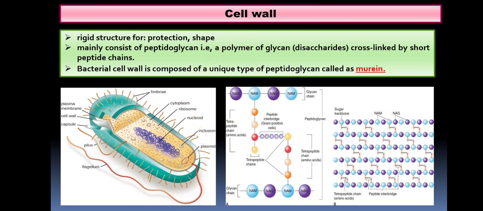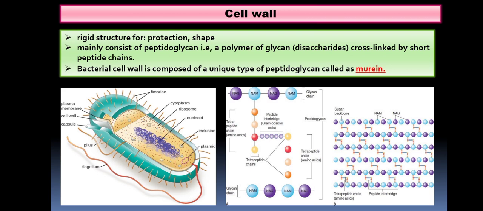It is a rigid structure that protects the bacterial protoplast and also gives shape to the bacterial cell, that is, it helps in maintaining the bacterial cell shape. It mainly consists of peptidoglycan, a polymer of glycan cross-linked by short peptide chains.